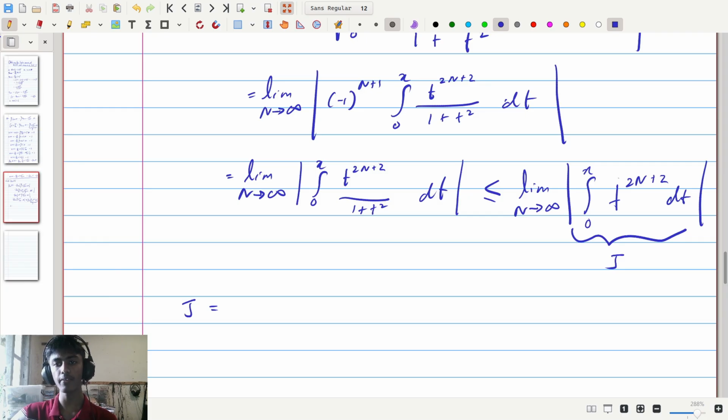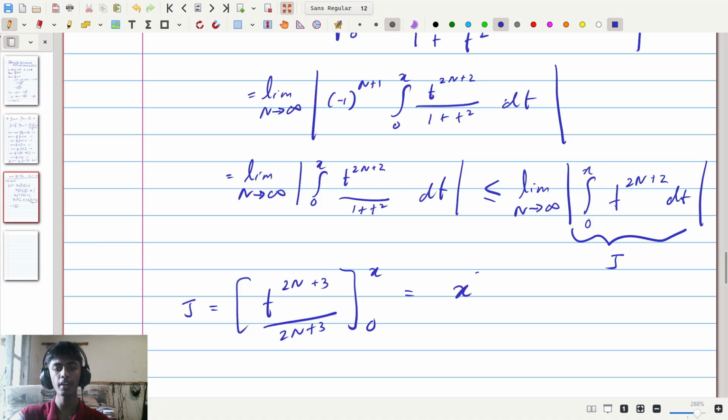Therefore, here what we have is an integer power of t, which we can then write as t to the 2n plus 2 plus 1, which is going to be t to the 2n plus 3, divided by 2n plus 3, evaluated from 0 to x, which is then going to be equal to x to the 2n plus 3, divided by 2n plus 3, and then minus 0 to the 2n plus 3, divided by 2n plus 3.